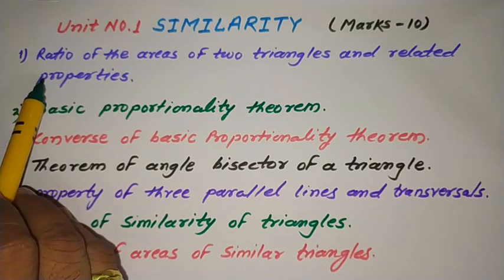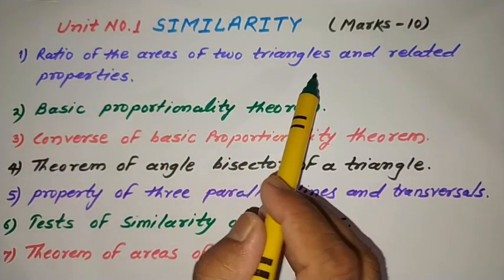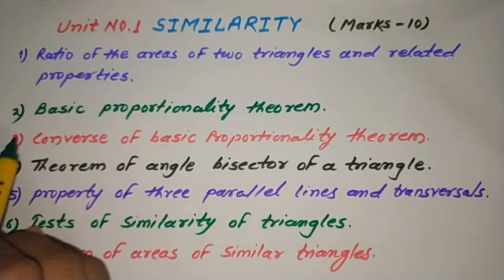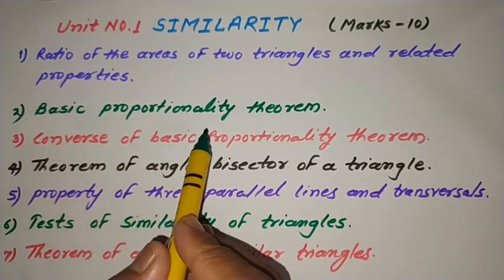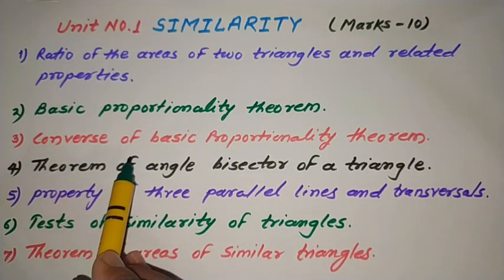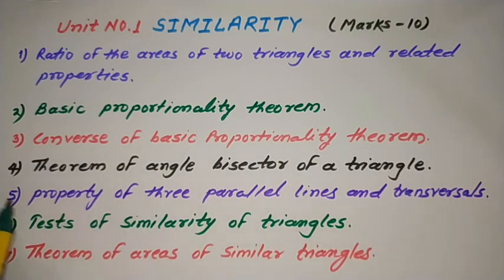First is ratio of the areas of two triangles and related properties. Second, basic proportionality theorem. Third, converse of basic proportionality theorem. Fourth, theorem of angle bisector of triangles.